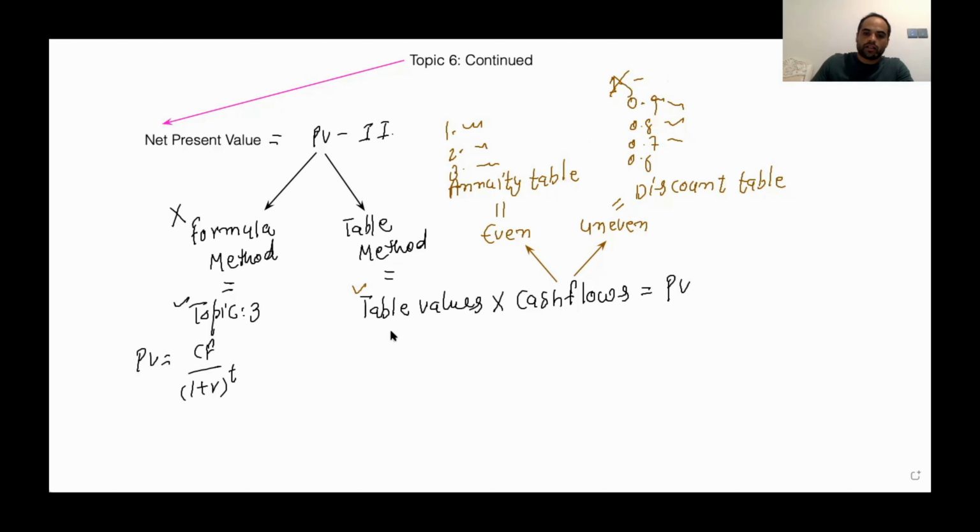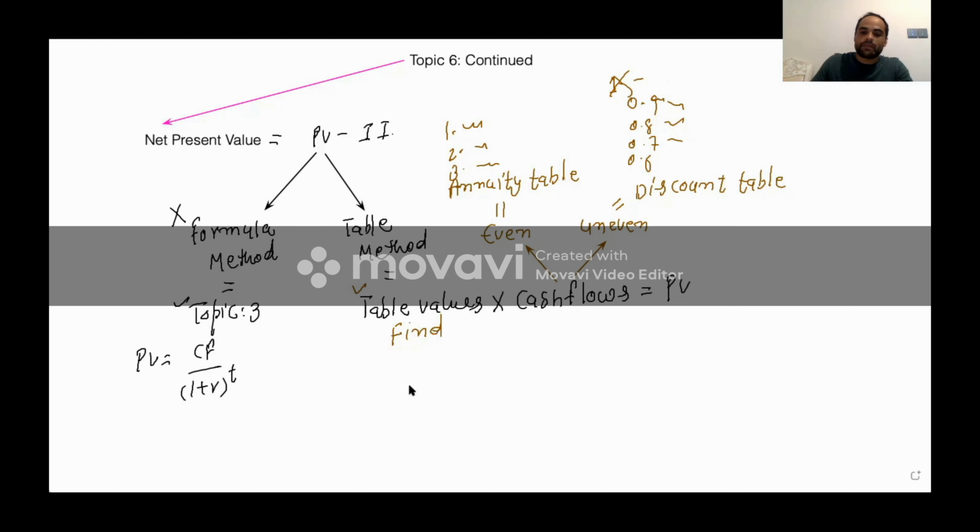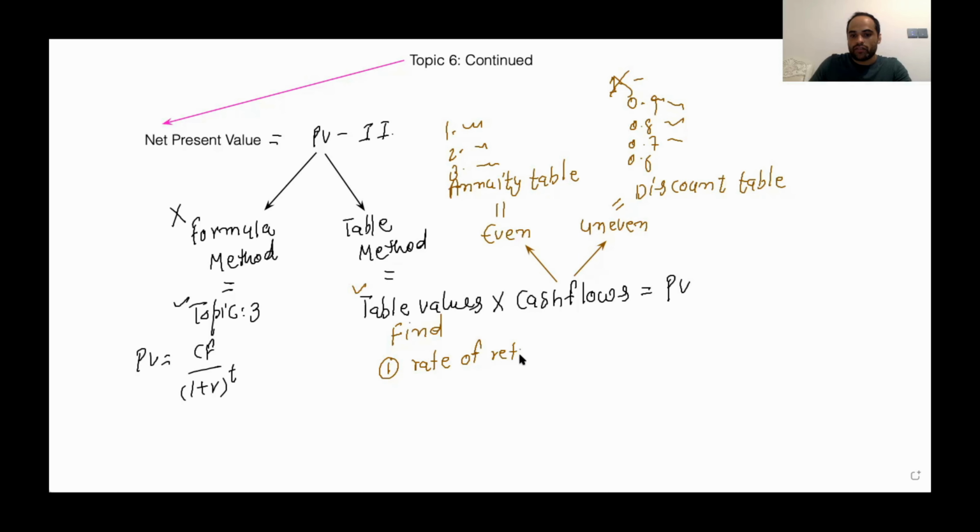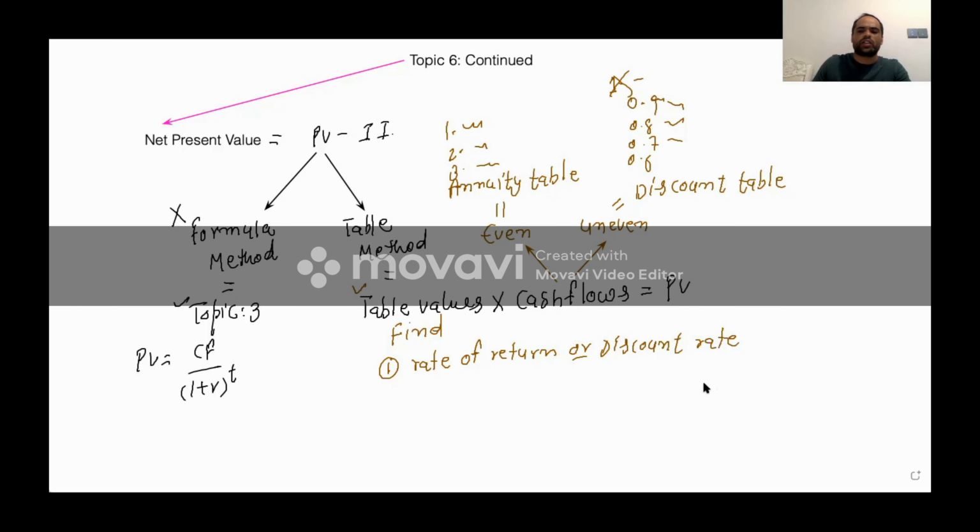If you want to find the table value, you need two things. First, you need a rate of return that will be given in your question. We call it rate of return, or you can call it discount rate, cost of capital, or rate of interest, whatever you want to call it.